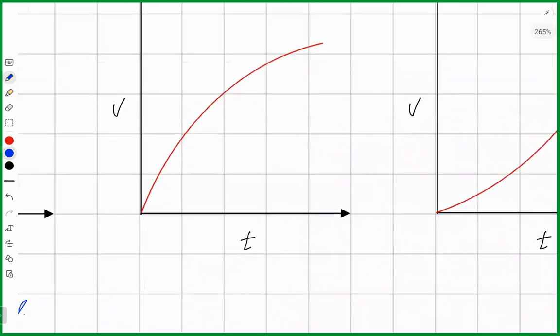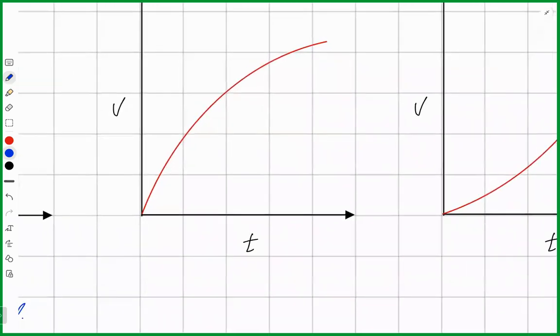What about this one? Who will explain this? What is happening to speed? Speed is clearly increasing, as we can see that the graph is going up. But what is happening to gradient and what will be happening to acceleration?